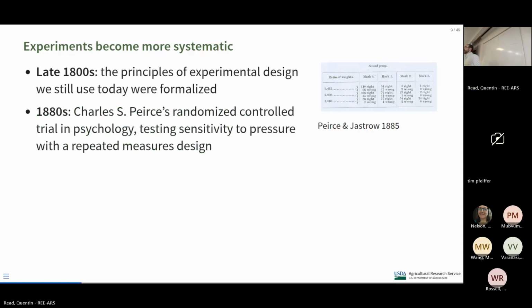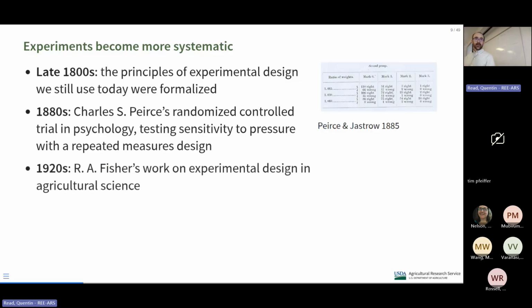There was an important milestone: Charles Peirce, who set up randomized controlled trials in psychology, basically testing how sensitive people's fingertips were to pressure, and it was set up in a randomized design with repeated measures within individuals and across individuals. So, this design would sort of pass peer review today, whereas previous ones might not.